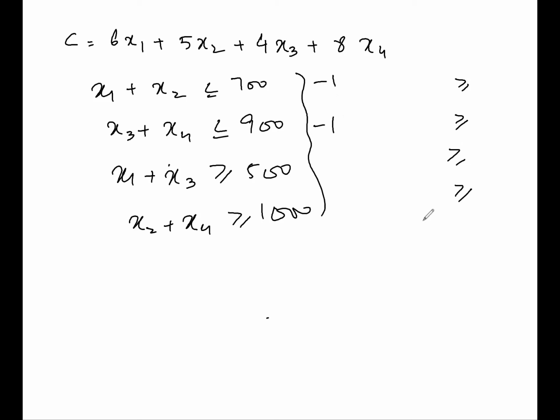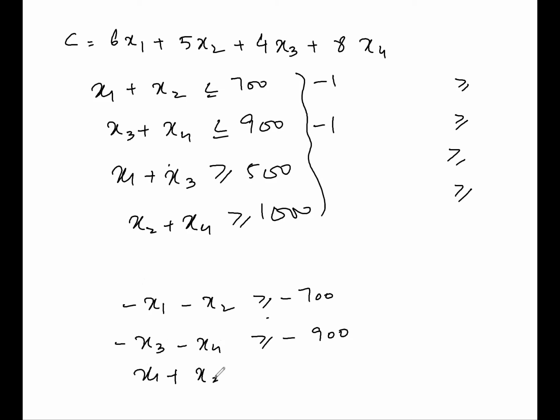Then we will convert it into the maximization form. So if we multiply the first constraint with negative, it will become -x1 - x2 greater than -700. The second one will become -x3 - x4 greater than -900. The third constraint is already greater than 500. The fourth constraint is already greater than 1000.